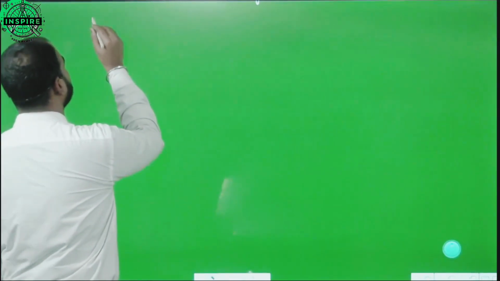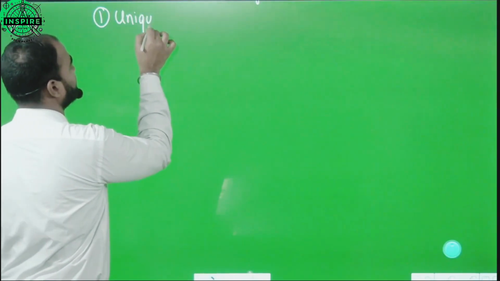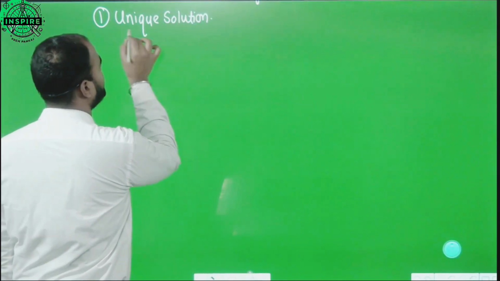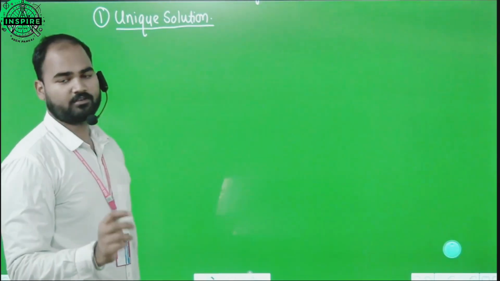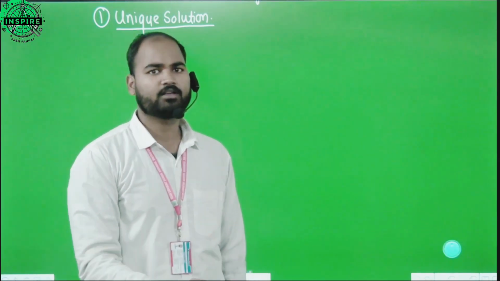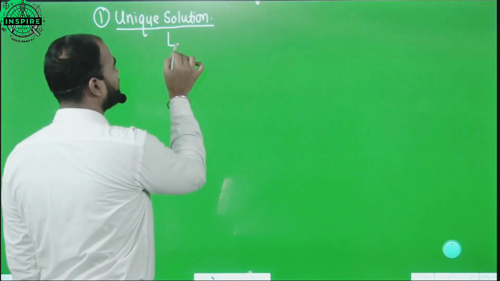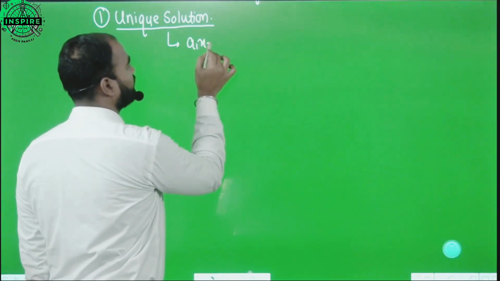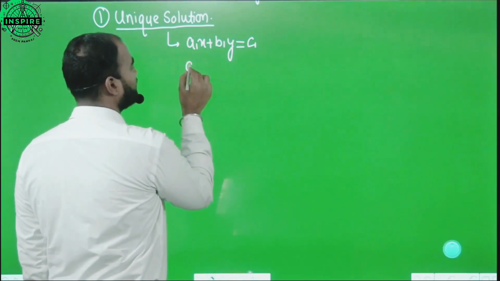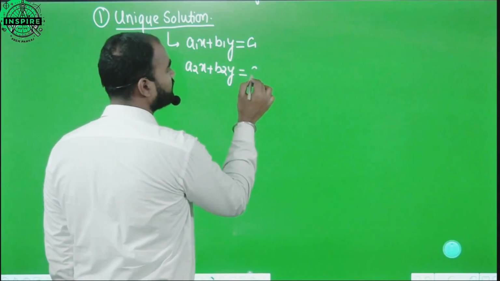The first case is unique solution. When a pair of linear equations intersect each other at only one point, then they give a unique solution. Like if we take general equations a1x plus b1y equals c1 and a2x plus b2y equals c2.